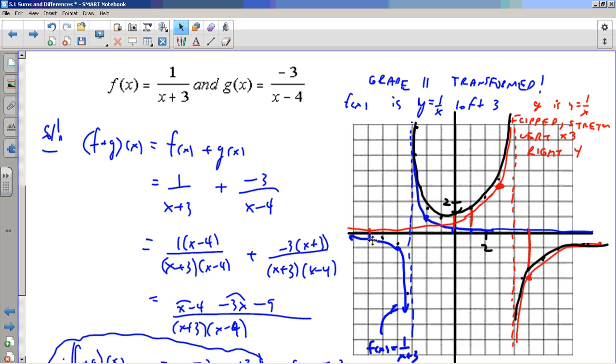Somewhere in here, because of the shape of the graph, the red one is actually a little bit further off, and the blue one's a little further out, that at some point, when I add those together, red plus blue, somewhere in here, is going to give me 0. That's pretty cool. And who knows where it is? Well, yeah, we know where it is, and I'll explain why we know where it is.